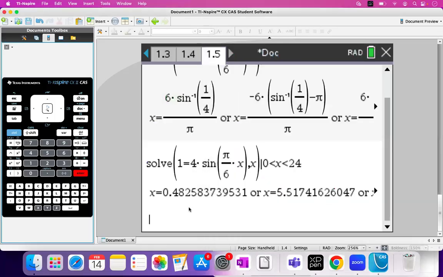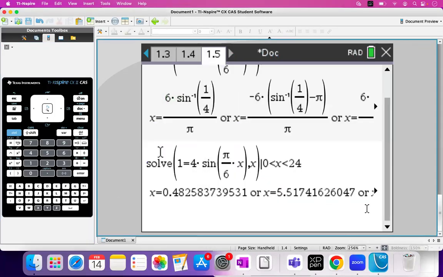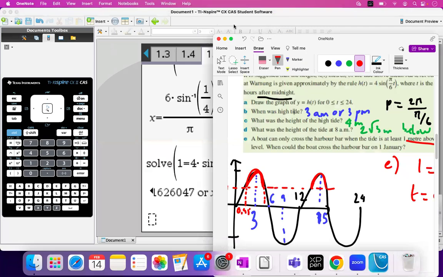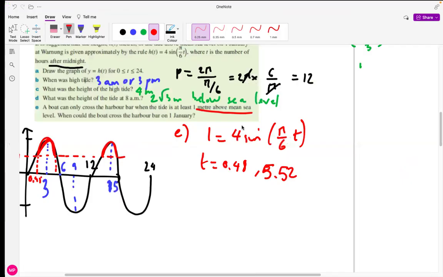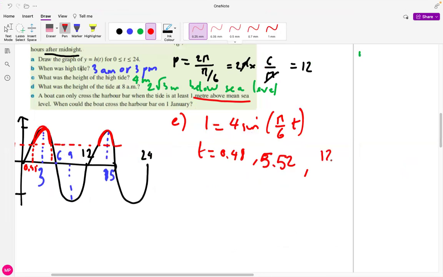If I go back and look, we have 12.48 and 17.52. So you can see from there to there is the first interval, and then from there to there is the second interval.